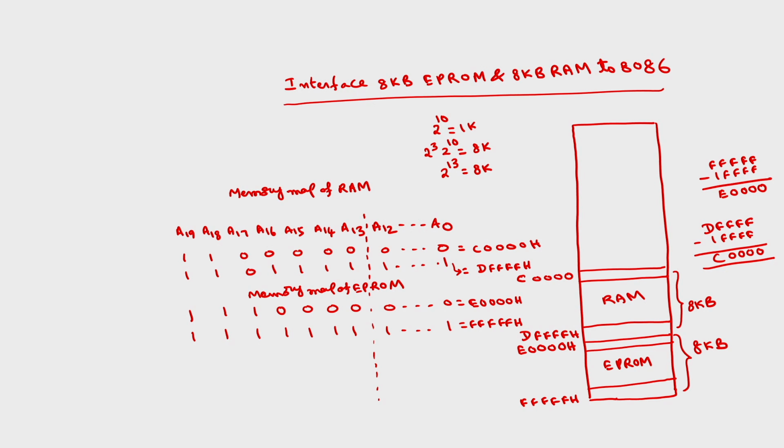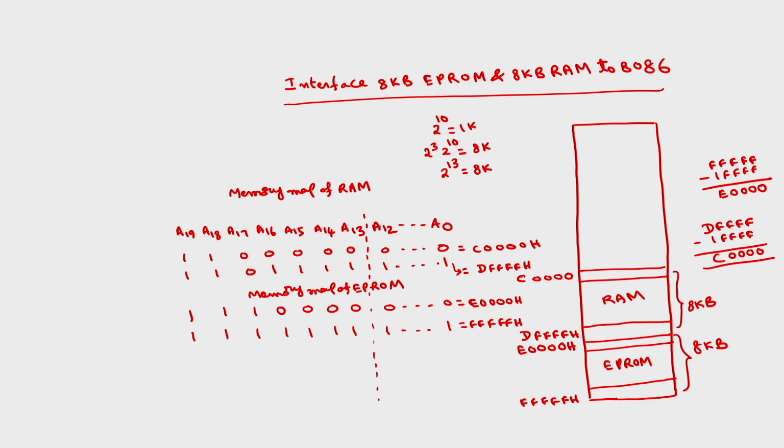Now, what are the address lines that are left? A13 to A19 are left. We have to use A13 to A19 to generate the chip selects of these memories. Also, we know that in the 8086 the memory is available in two banks, even and odd banks. So in total we have 4 memories: 2 even memories and 2 odd memories. Then how does this have to be connected?